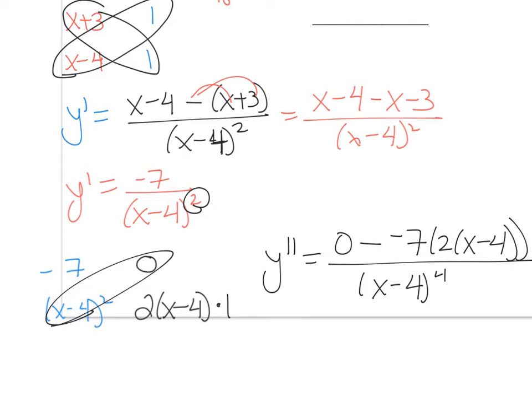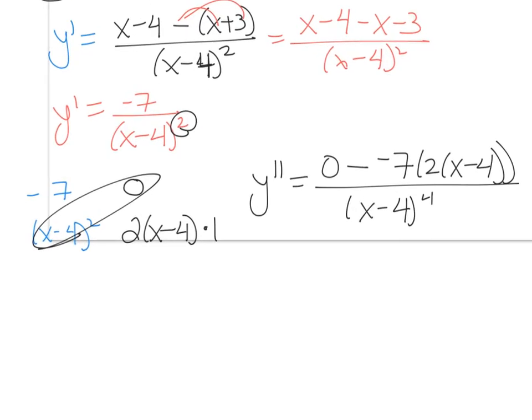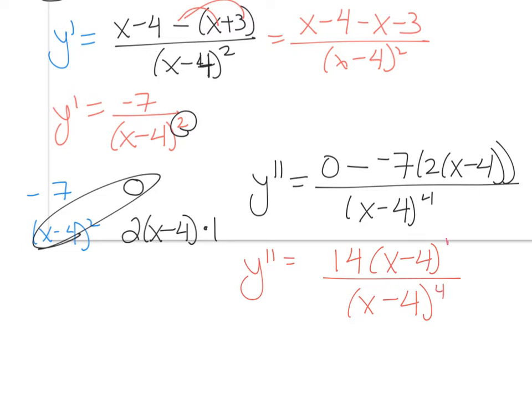Now simplifying, we get 14 times x minus 4 over x minus 4 to the 4th. Because this is x minus 4 to the 1st in the numerator, this whole factor can cancel with one of those factors. And our final answer is 14 divided by x minus 4 to the 3rd.